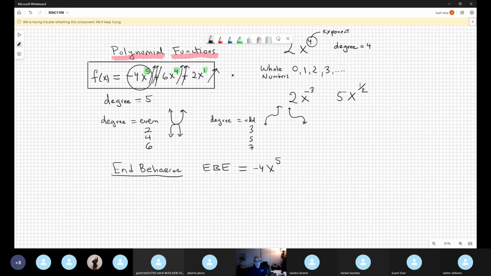So we have different possibilities. In this specific scenario, the coefficient is negative because the coefficient is -4, but the degree is 5, and 5 is an odd number. So the graph of the end behavior looks like that.